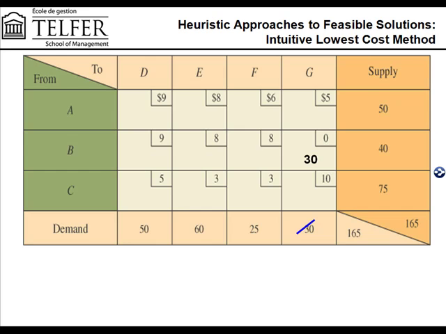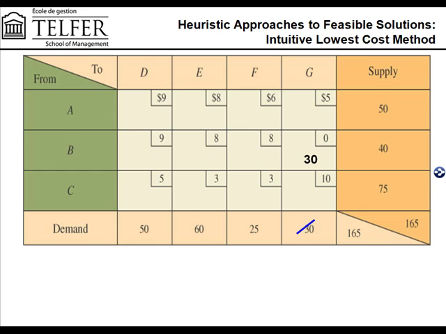Moving on from the $0 cost to the next best cost in this grid, we have a couple of cells which have a cost of $3 associated with them. The cost of transportation per unit from C to E is $3, and the cost from C to F is also $3. If you have a situation like this where there's a tie between two options, it's really up to you how you want to break the tie.